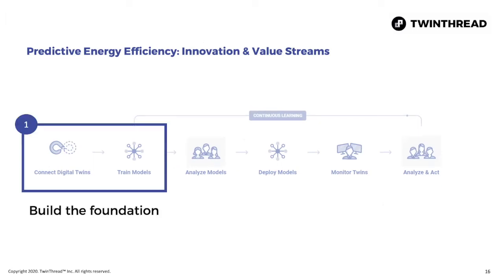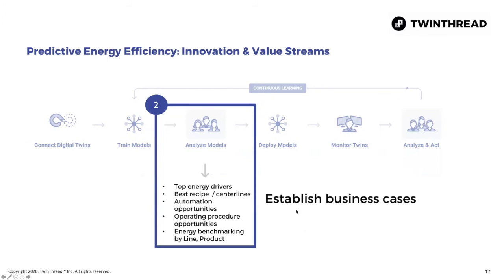And we see the first step is building the foundation for the analytics, which starts with building out and connecting those digital twins so that you have this virtual representation of the assets, how they're performing, all of the sensors that are associated with that equipment, all being part of those digital twins. Then we can apply an energy model and train it. And those 2 things in combination, the digital twins and the energy models that are running against those digital twins, form the foundation for generating energy savings.